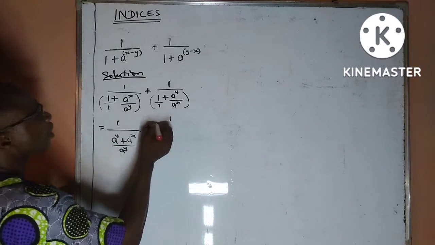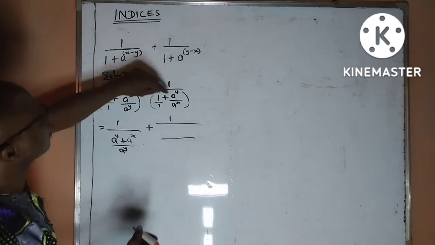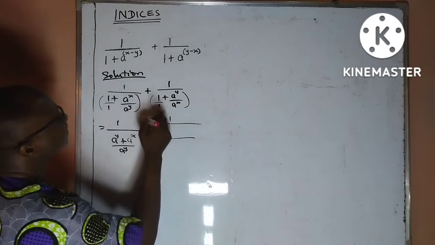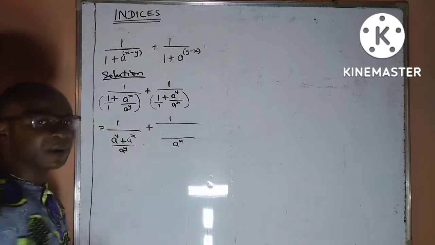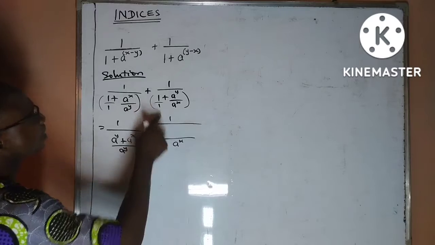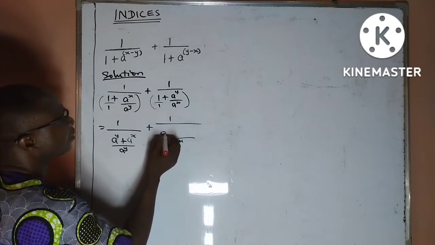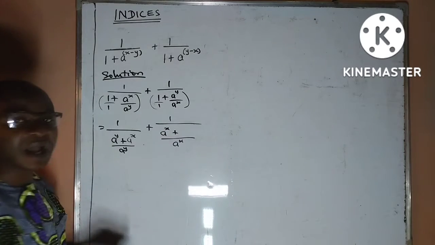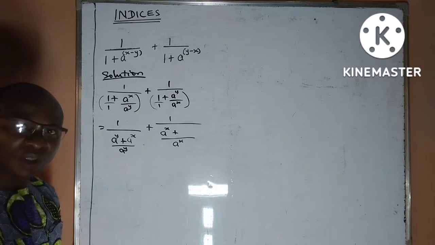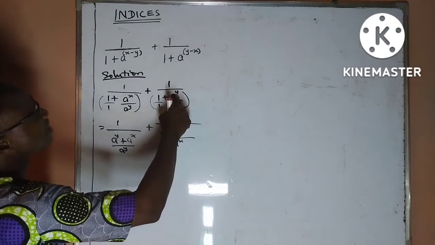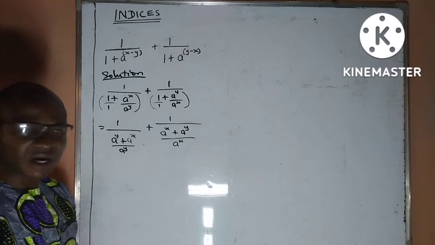Then plus 1 all over the same thing from the right hand side, the denominator part. I will have that the LCM of 1 and a raised to the power x is a raised to the power x. Therefore, 1 divided by a raised to the power x will give me a raised to the power x times 1 will give me a raised to the power x. I go again, a raised to the power x times a raised to the power x will give me 1, and 1 times a raised to the power y will give me a raised to the power y.